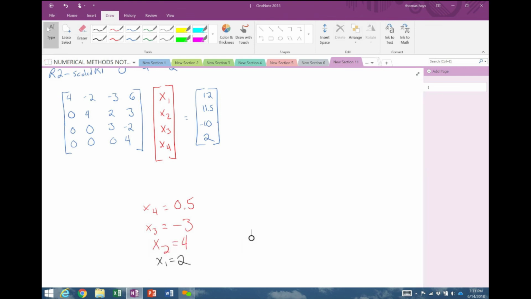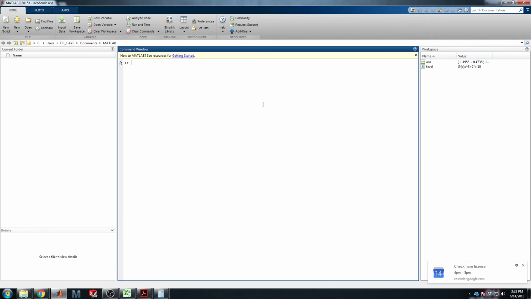Let's actually go back and do this through MATLAB with the invert and multiply method we taught you a little while back. So let's enter in the coefficient matrix from the very beginning. A equals 4, negative 2, negative 3, 6, semicolon for the next row, negative 6, 7, 6.5, negative 6, semicolon, 1, 7.5. I don't know why I'm reading all these to you.